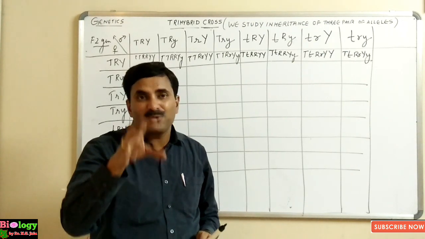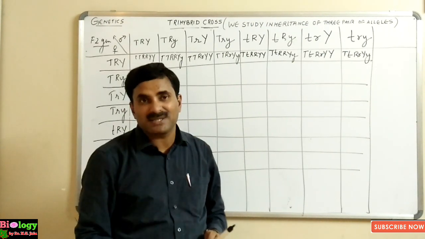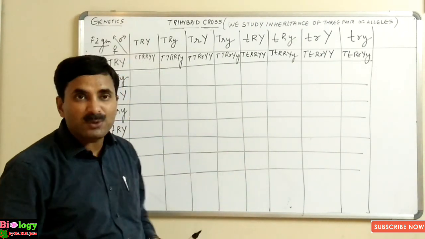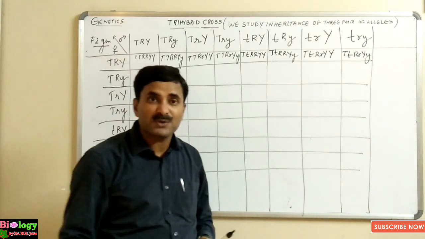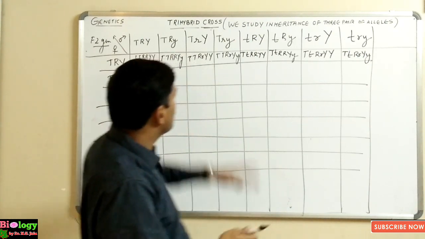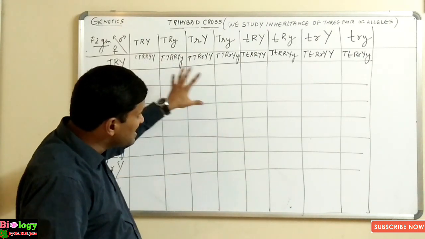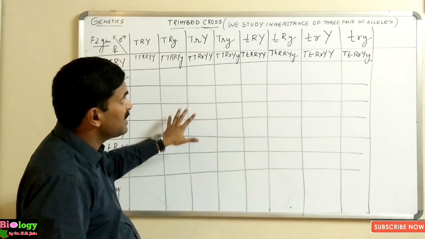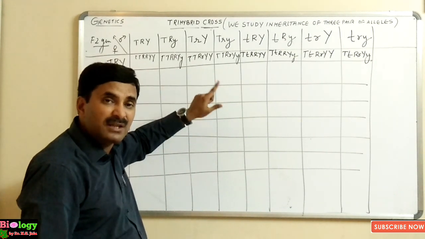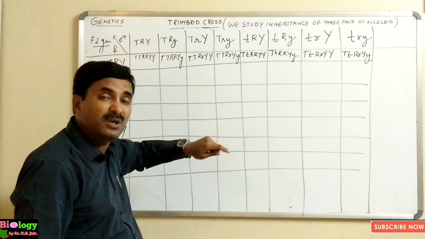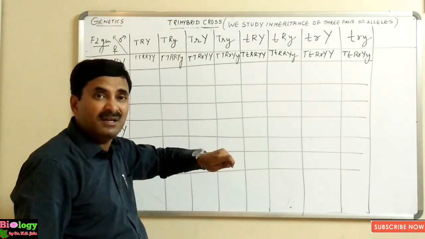But because you are viewing this video, you must know this. So we are going to calculate the phenotypic ratio and the genotypic ratio of the trihybrid cross, but by the traditional method, making this box of 64 boxes, viewing each and every box and then calculating the ratios is a little tedious, right?